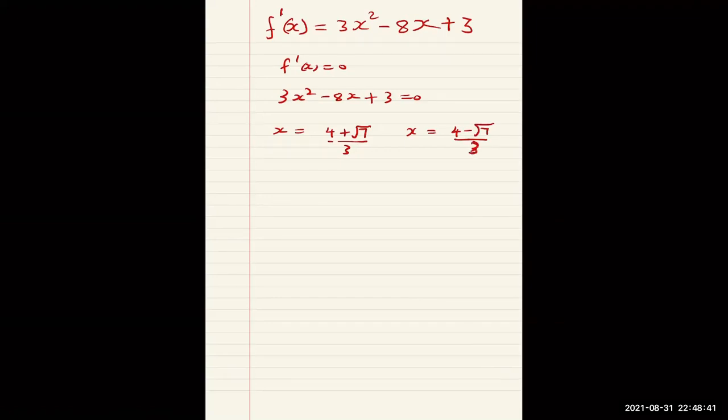These are the two critical points, and you have only two critical points. This is a quadratic equation, so you can have only two solutions there. These are the two distinct solutions that you get. You have exactly two critical points.